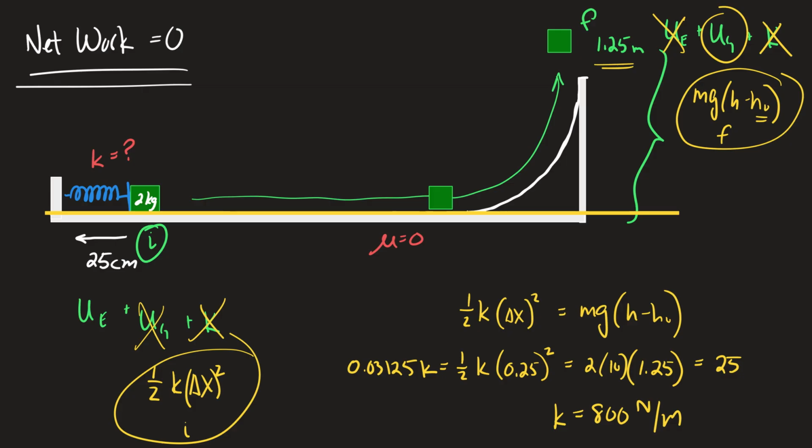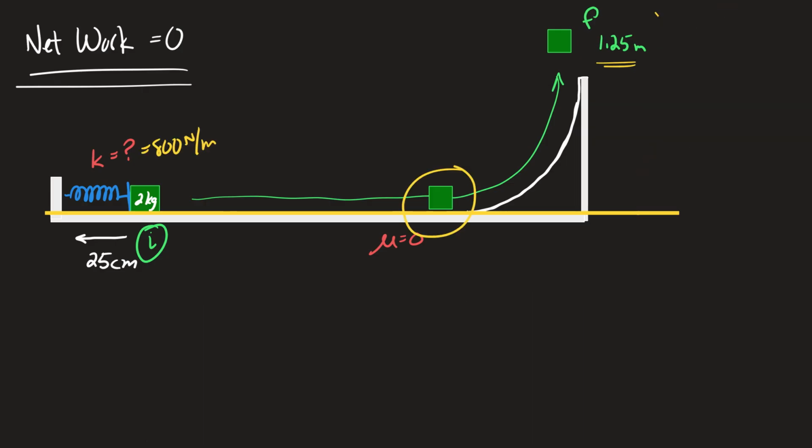There's a couple different ways you could figure out this answer. Now that you know the spring constant, you have more than one way to do this one. Choose the way you think you should do it. I know how I would do it. I want to see what you would do. So think on it and see what you would do, and then I'll tell you how I would have done it. What kind of energy does the box have here?